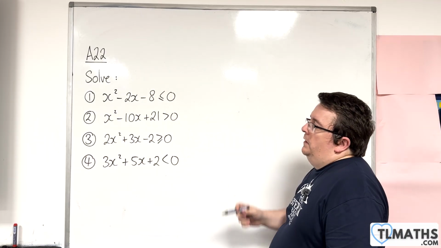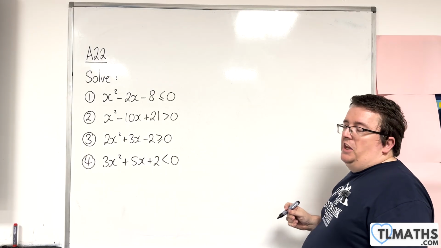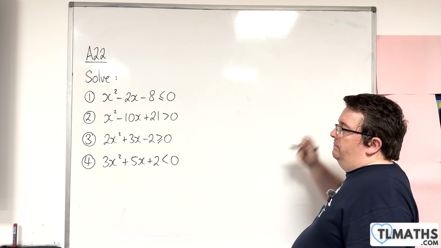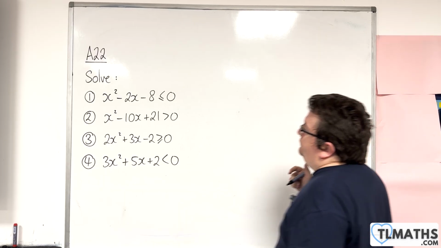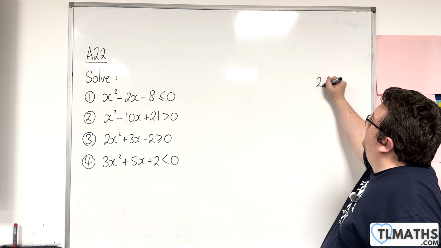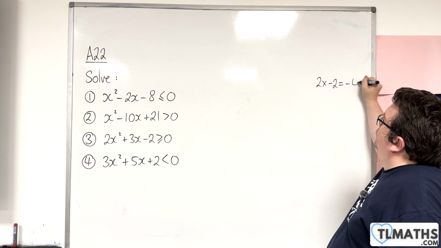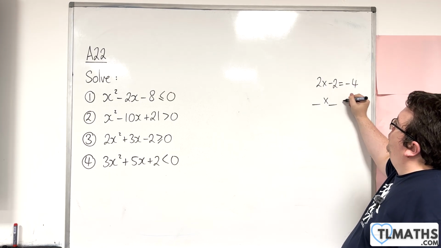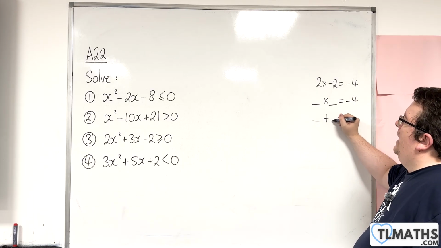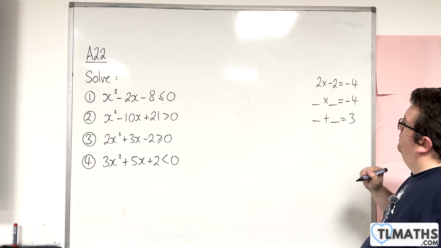Number 3, we have 2x squared plus 3x take away 2 is greater than or equal to 0. Okay, so if we do 2 times the -2, that's -4. So we're looking for two numbers that multiply together to make -4, but add together to make 3.